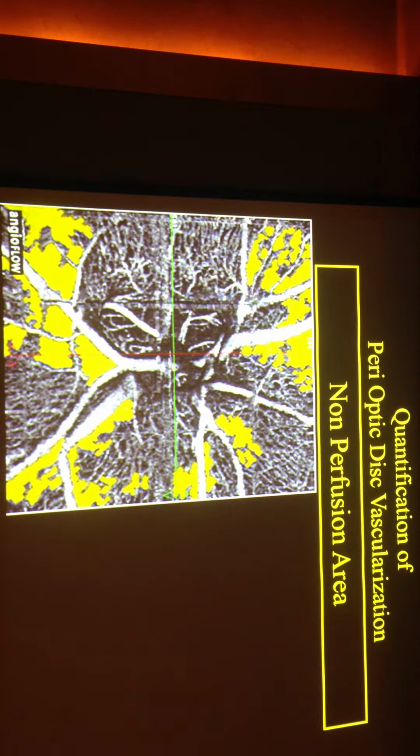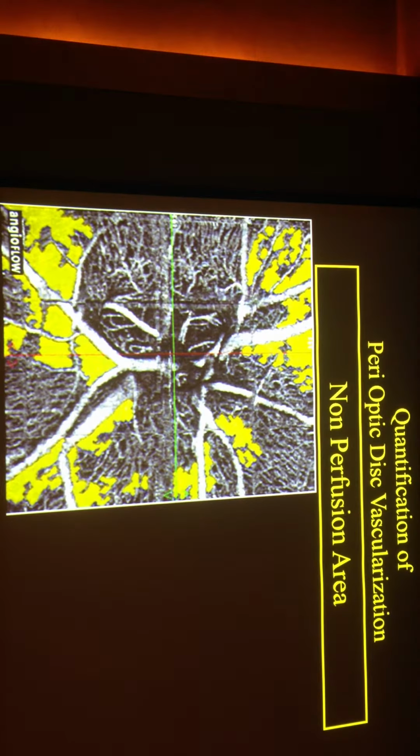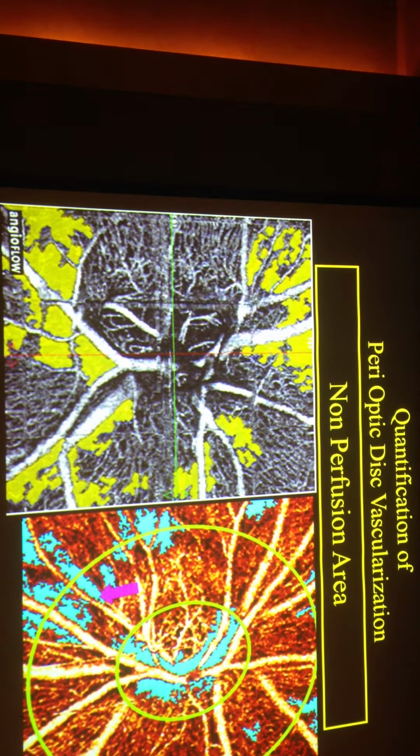And so, as this tool has been described to observe the avascular zone in the macula, we can use this tool around the disc. And so, at this time, we can select and we can detect all these areas with a reduction of flow. This is a software proposed by OptoView, and David Wang and Yali Jia proposed another system to detect.